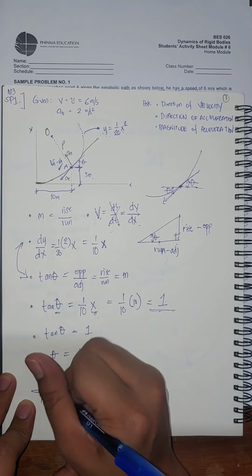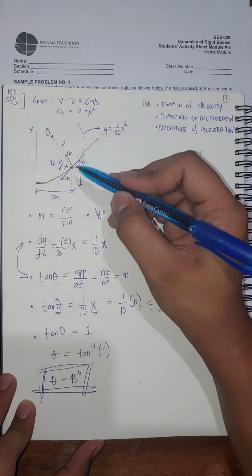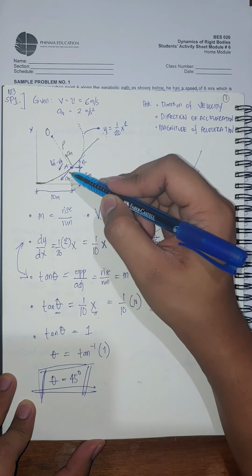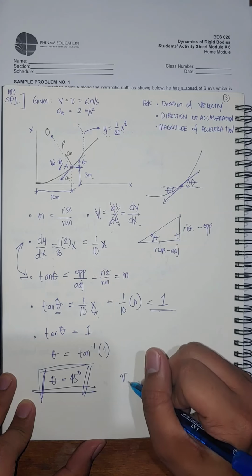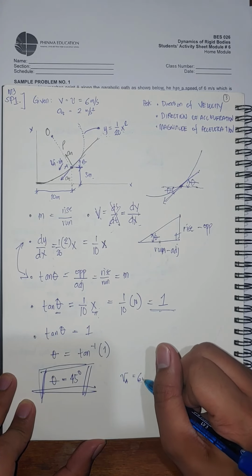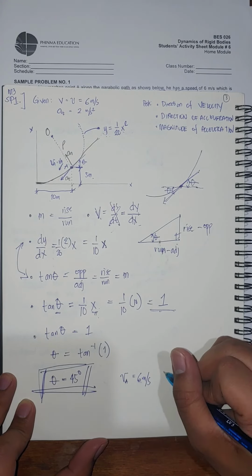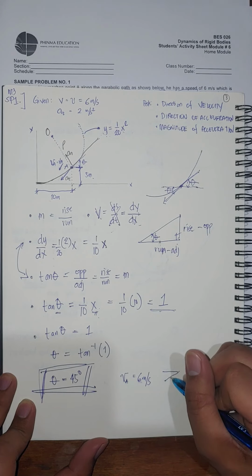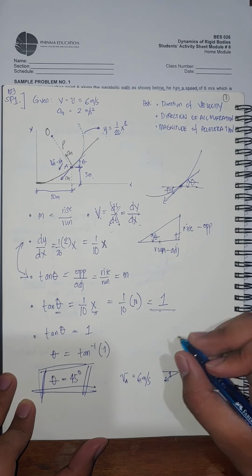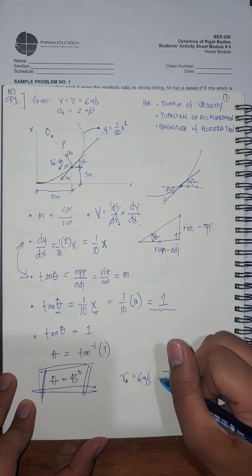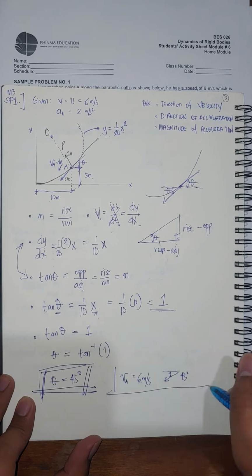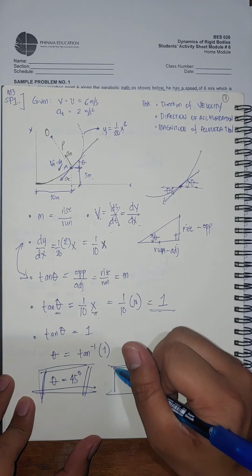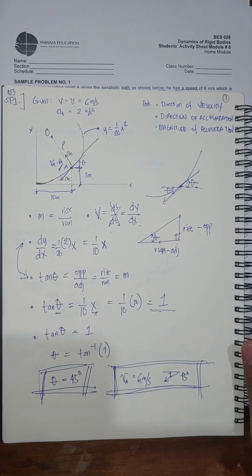But since this is a vector, we know that the velocity is going downward, and therefore the velocity at A, which is equal to 6 meters per second, is moving like this, 45 degrees. So this is the answer to the first problem, the direction of the velocity.